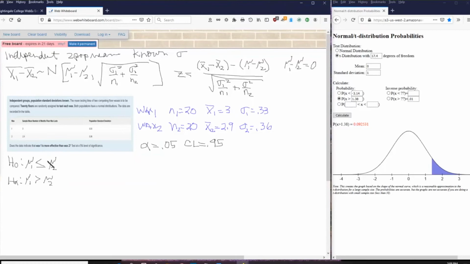So in words, the first one says that wax 1 is equal or less effective than wax 2. And the second one is saying that wax 1 is more effective than wax 2. Now, because in our alternative we've got the mean of 1 is greater than the mean of 2, that tells us this is going to be a right tailed test.